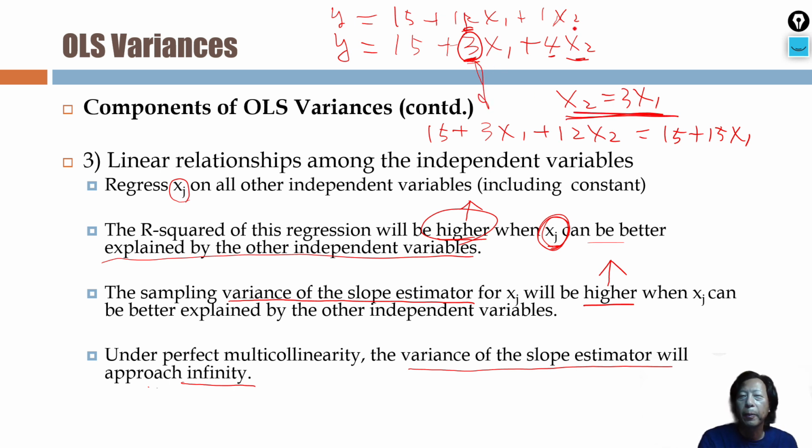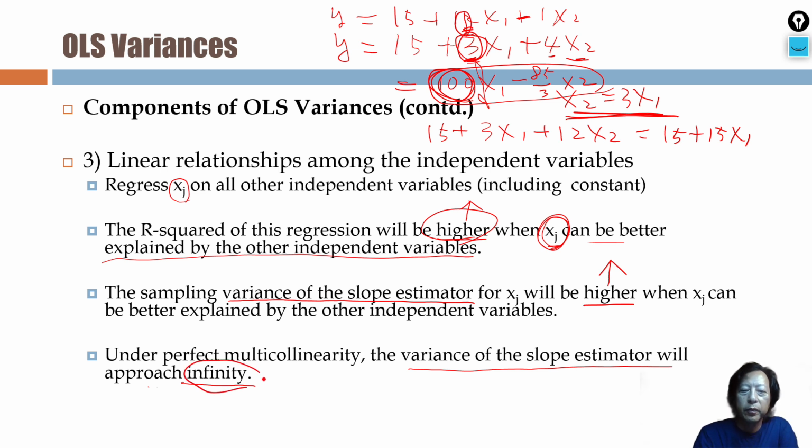If you consider that a coefficient can be a negative number, you can have like 100x1 minus 85 divided by 3 x2. This is not a good example, but still the calculation will be the same. So what will be the variance of this coefficient? Infinity, if it's perfectly correlated.